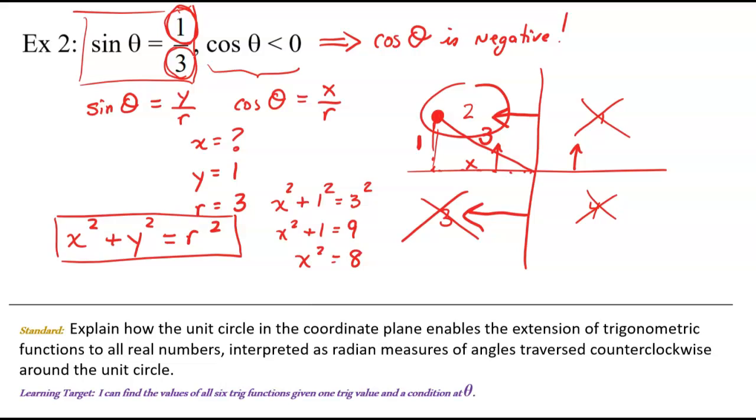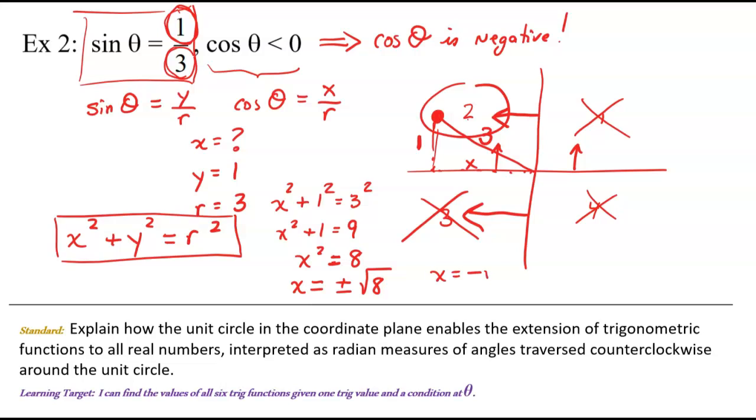Now this is crucial. This is why knowing where theta lives is so important. When you take the square root here, there are two solutions to that equation, but only one of them makes sense in this problem. The x coordinate could be positive or negative, but the only one that makes sense in this problem is negative.